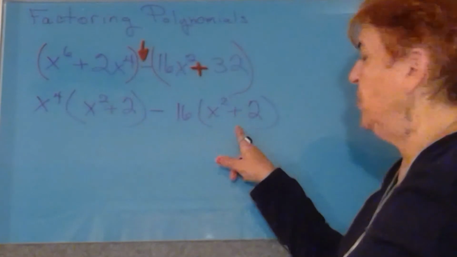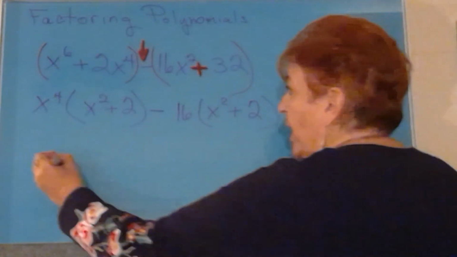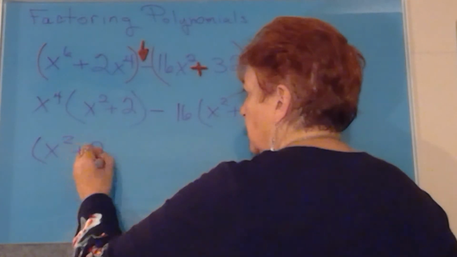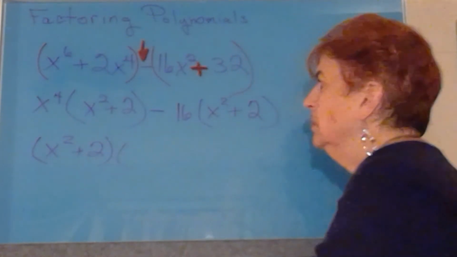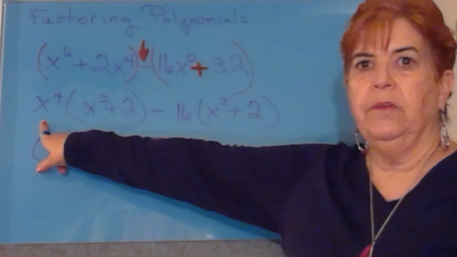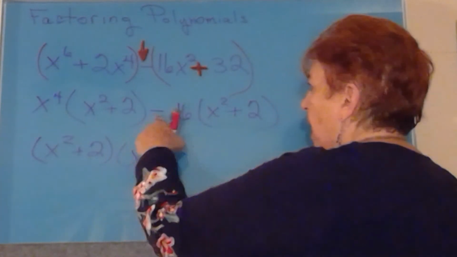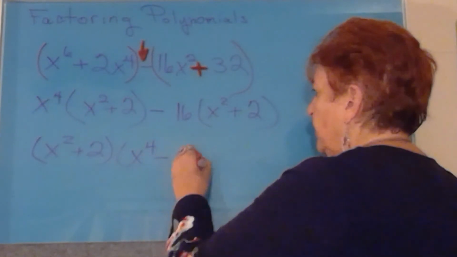There's an x squared plus 2 and there's an x squared plus 2. So I can take out x squared plus 2. That leaves me with an x to the 4th here and a minus 16 there.